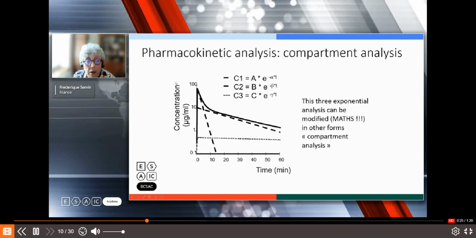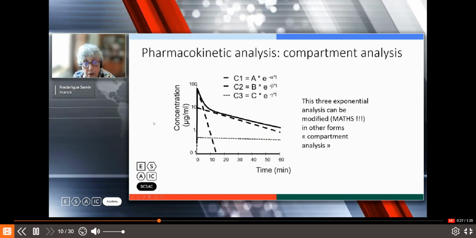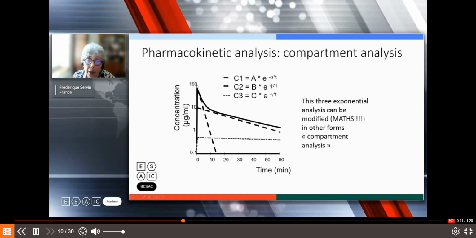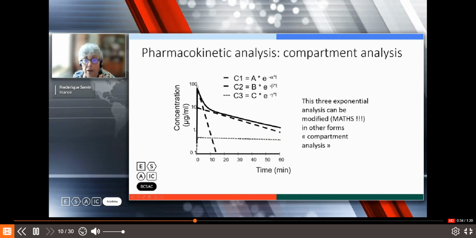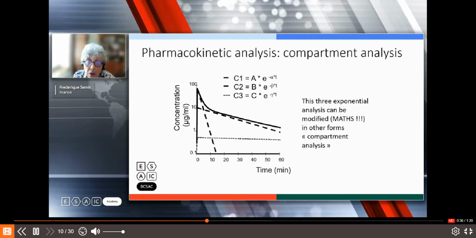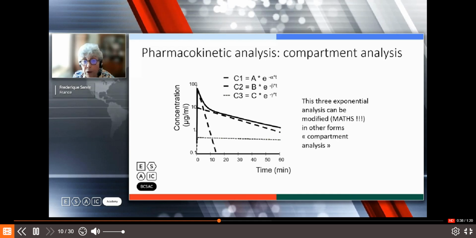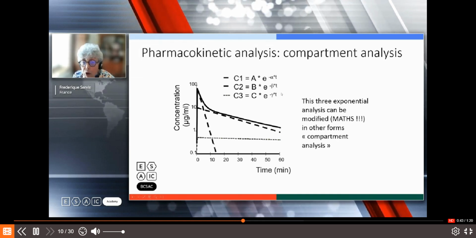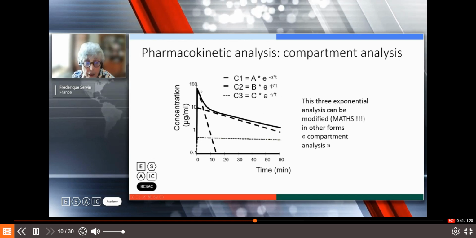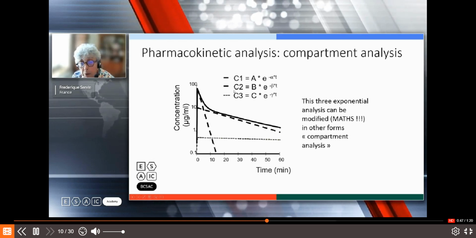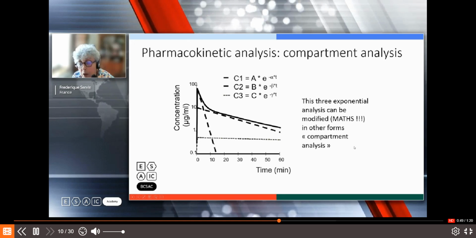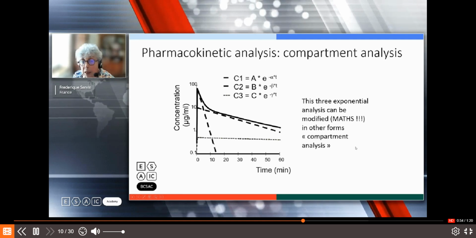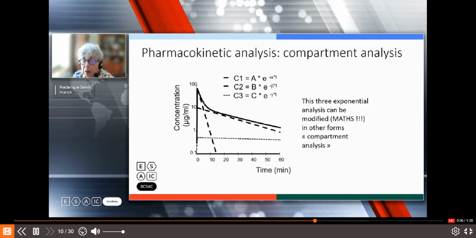If you look at the concentration over time relationship, one of the main ways to analyze it is to decompose it into a sum of several exponentials, usually from 1 to 3. And never more than 3, because the far exponentials will not be precise enough for analysis.